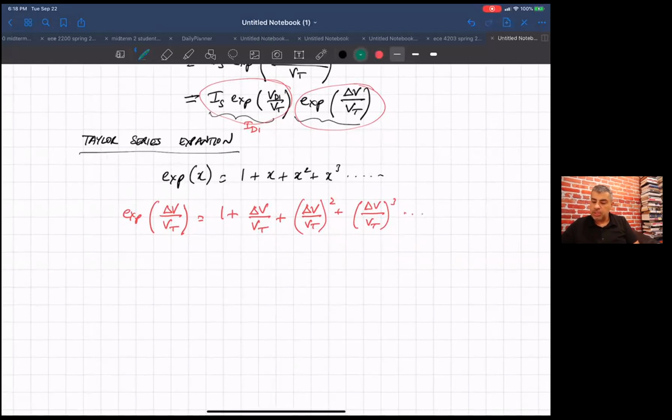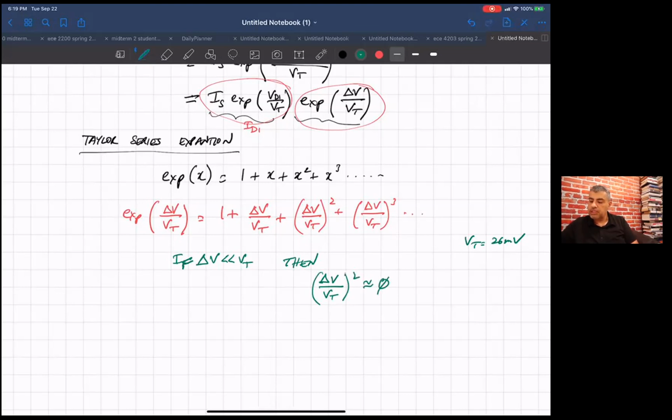And so here comes the approximation. We're saying if delta V is much smaller than V sub T, and remember, V sub T is 26 millivolts, then (delta V over V sub T) squared is approximately equal to 0.